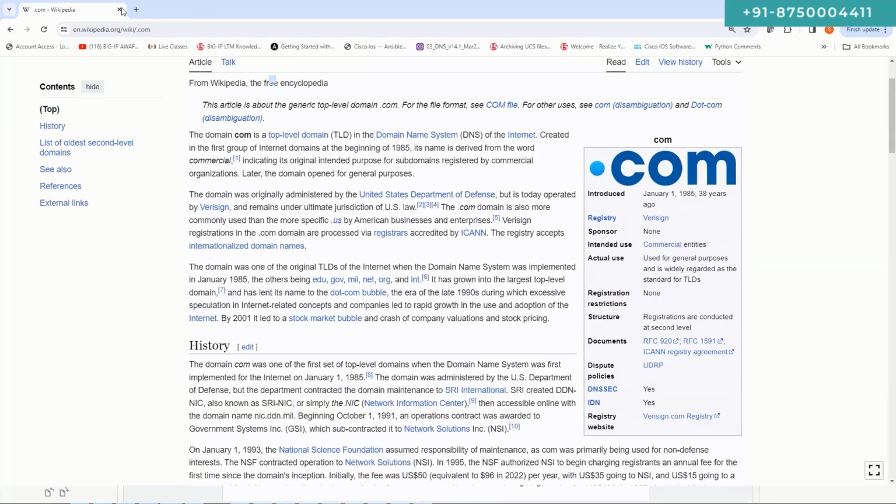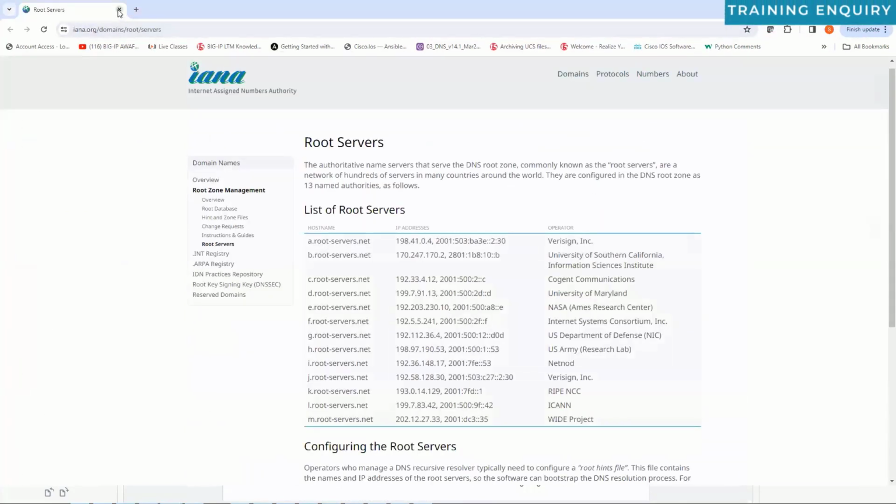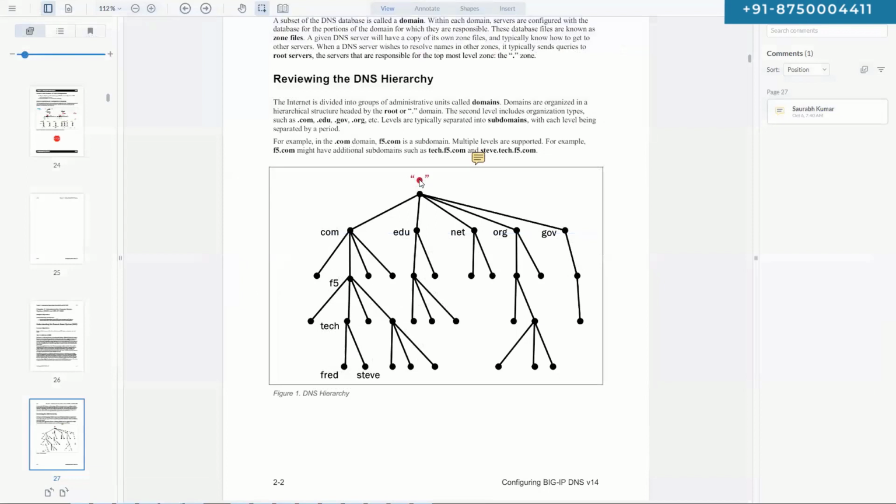So the point is that when you talk about the DNS hierarchy, first the root domain comes into the picture. Now, all root domains will have an entry for all of the TLDs, top level domains, and each TLD will have the entries for the subdomains.